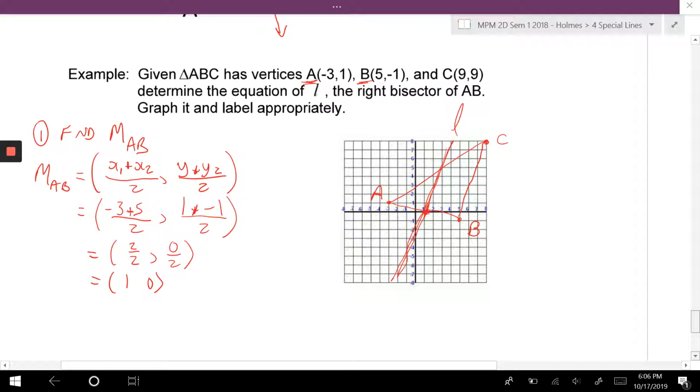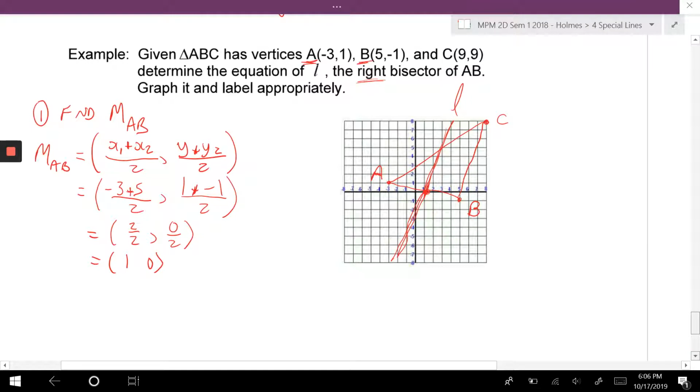Now, I found that midpoint, so I know where it bisects, but I need it to be the right bisector, the perpendicular bisector. So I know that my line has got to be perpendicular to line AB. Remember that to find an equation of a line, there's two things that we need: a point and a slope.